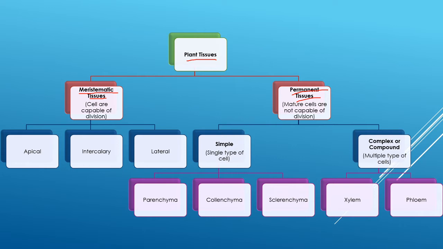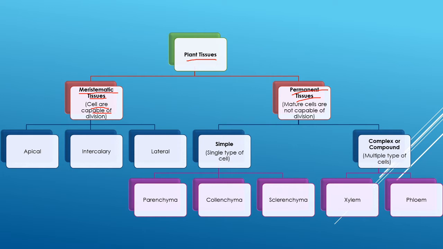So meristematic tissues are those that are capable of division. See, here it is written, cells are capable of division. So the cells present in these tissues can divide very rapidly to grow and to increase their number.